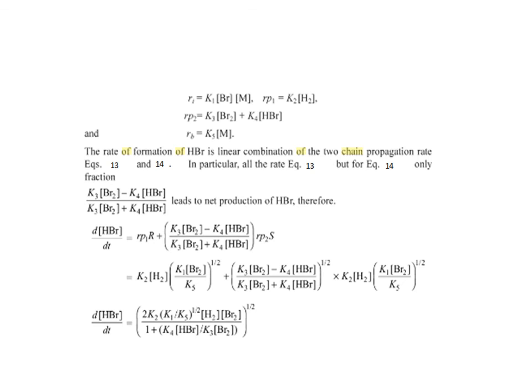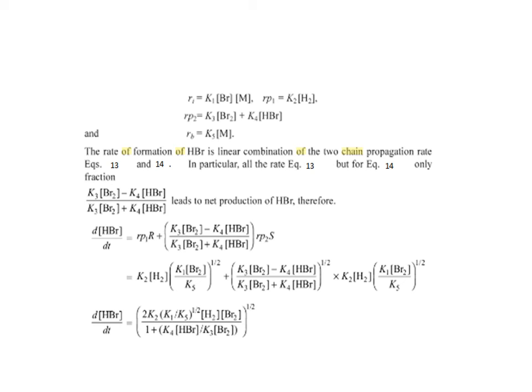Therefore, d[HBr]/dt is equal to RP1R plus (K3Br2 minus K4HBr) over (K3Br2 plus K4HBr) into RP2S.